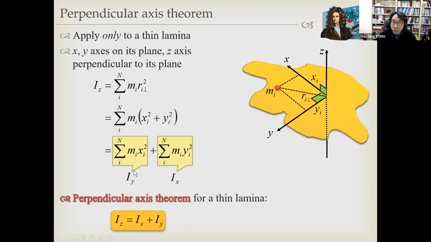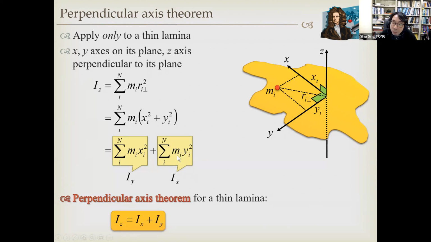So that means if I form a summation of this thing over all the particles, I get Iy, the moment of inertia about the y-axis. On the other hand, look at the yi here. Yi is this distance. It is the distance of the point mass from the x-axis.